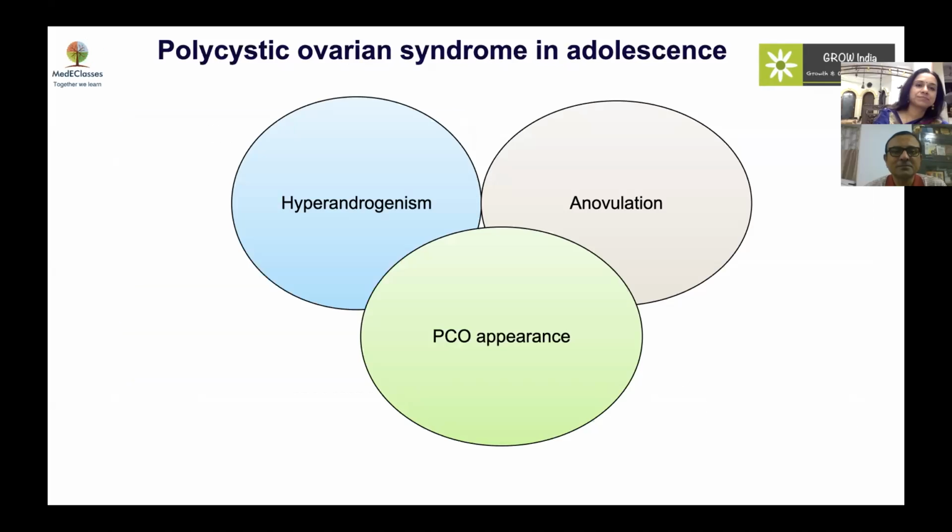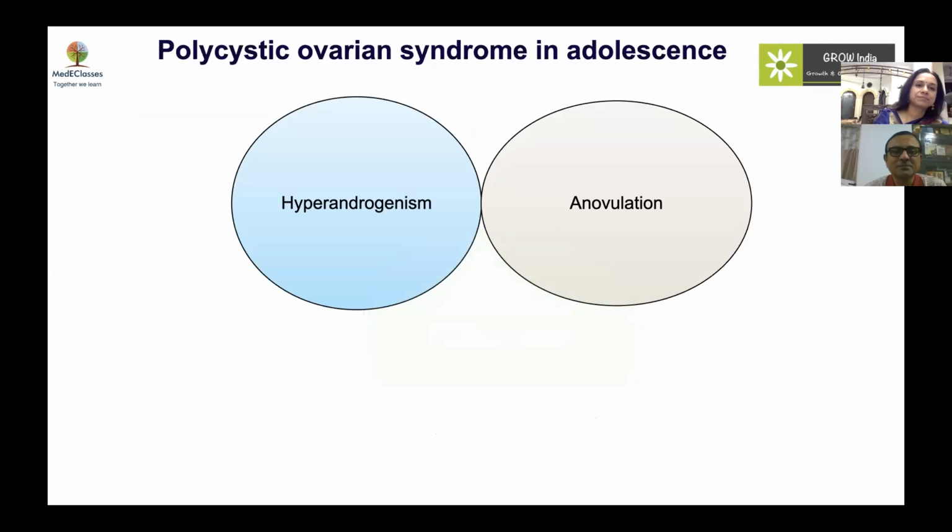Now, what we need to remember here is that PCOS in adolescents is absolutely different from that in adults. There is no role at all of a polycystic ovarian appearance in adolescents because ovaries are larger, they have more number of cysts. Very importantly, in adolescents, there would be a physiological anovulation, there will be physiological hyperandrogenism.